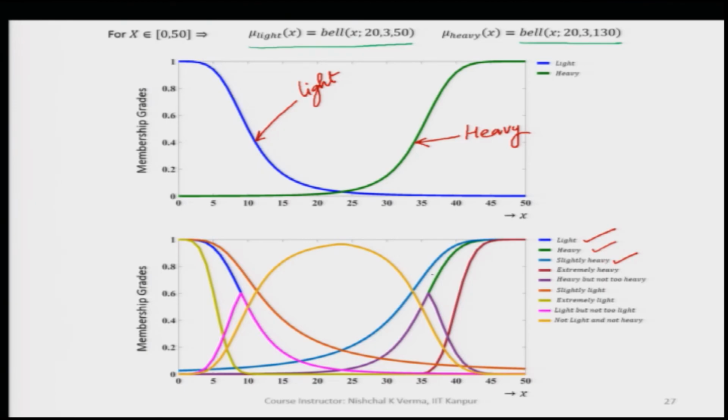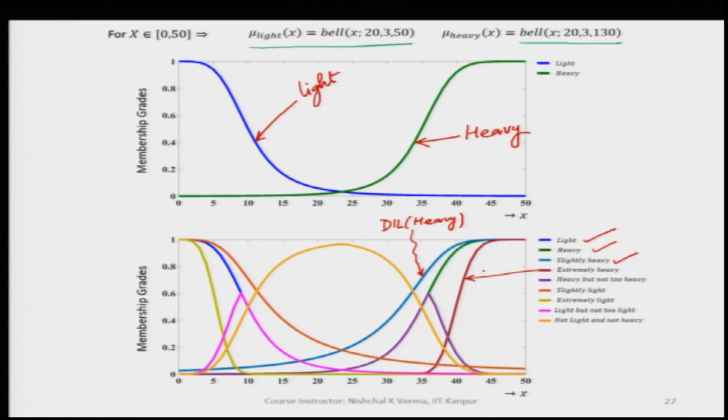You can see here the dilation of heavy, and you see the extremely heavy here, which we can obtain by concentrating the heavy fuzzy set thrice.